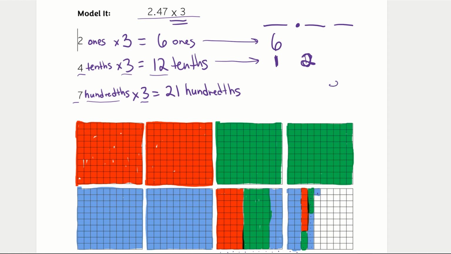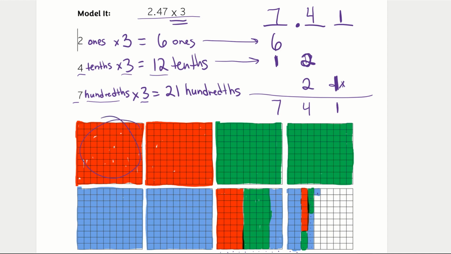Well, I can't write 21 in the hundredths place. They won't allow that. So I will leave the 1, and the 2 gets bumped up. So that gives me a 1 altogether in the hundredths place, a 4 altogether in the tenths place, and a 7 altogether in the ones place. And if you think about it, that totally makes sense.